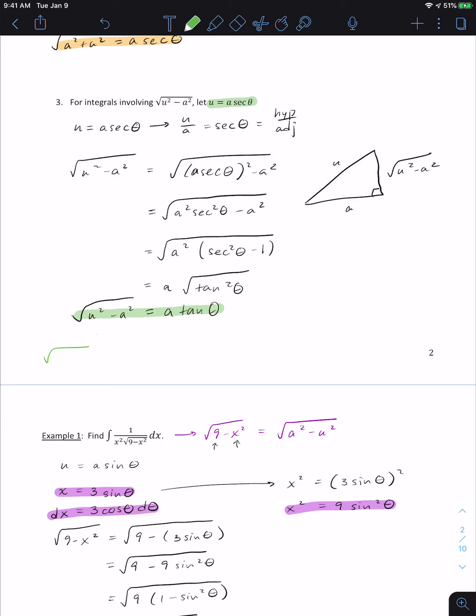So the square root of u squared minus a squared is equal to a tangent theta for when u is bigger than a and when our theta is between 0 and pi over 2, and it's negative a tangent theta for when u is less than negative a and when we have these bounds, when theta is between pi over 2 and pi.